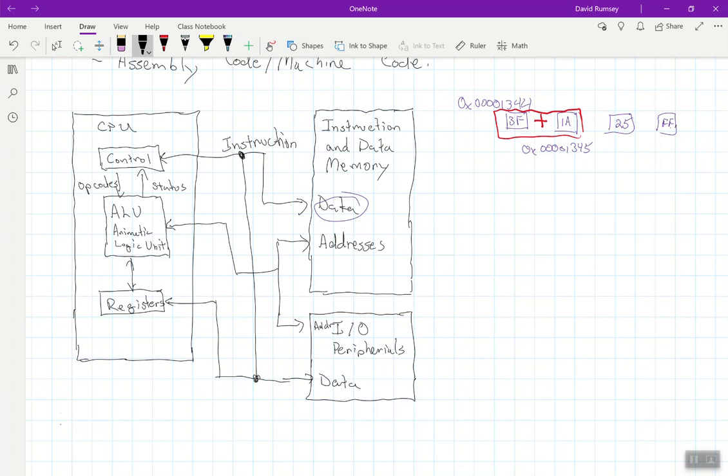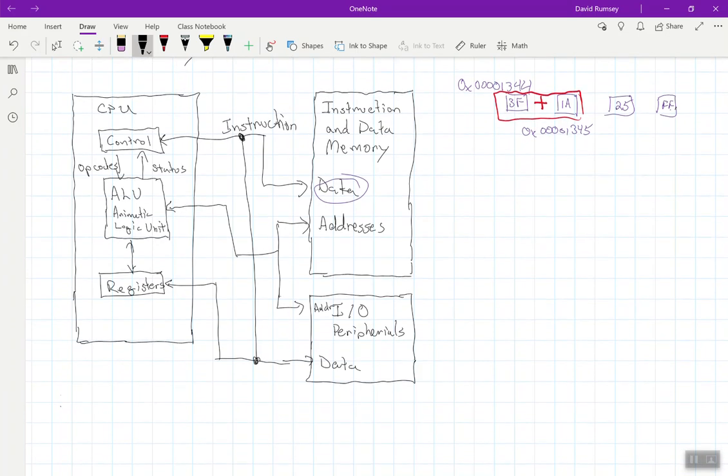So this is one type of overall architecture of how a CPU with memory and peripherals work, and this particular one is called the von Neumann architecture.